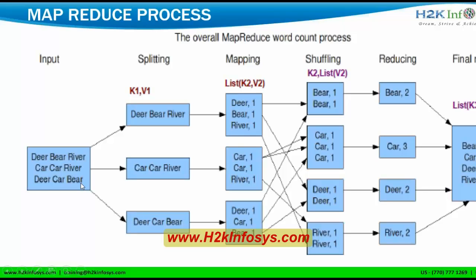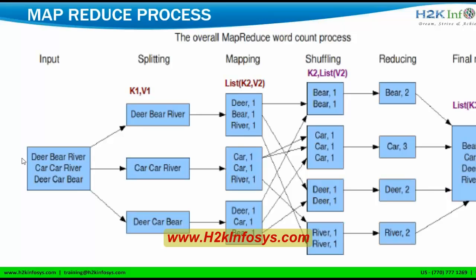Now I have to divide this input file into splits, right? Let's imagine that splitting is finished at this phase and I get 3 splits, and in each split I got one separate record.